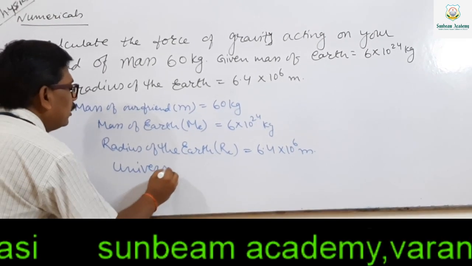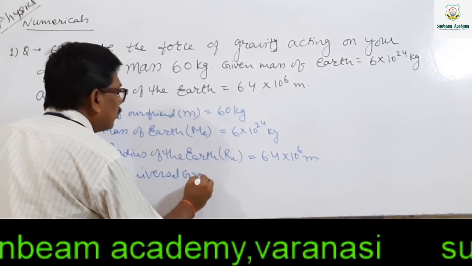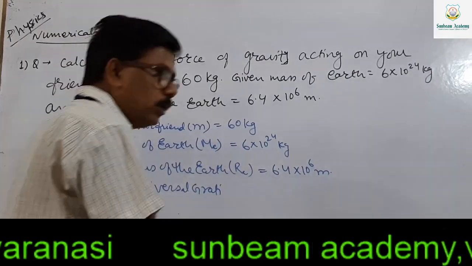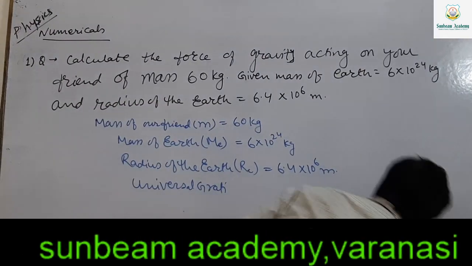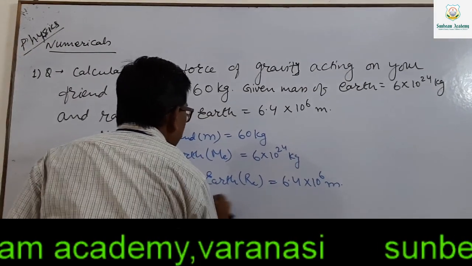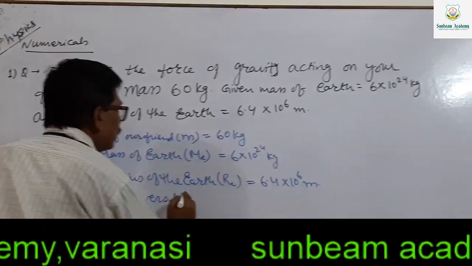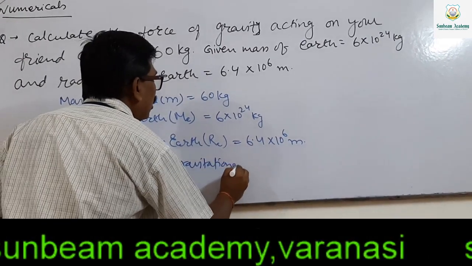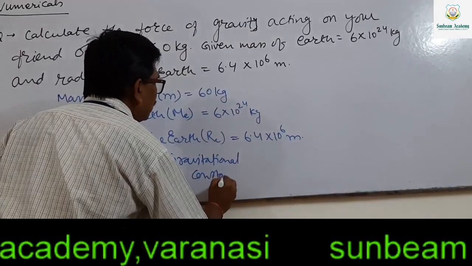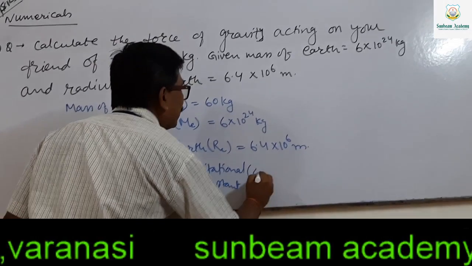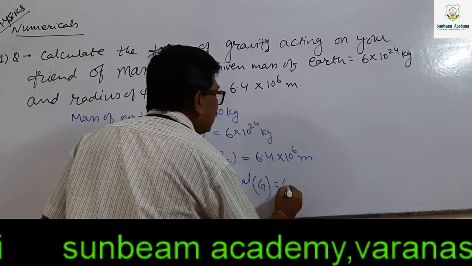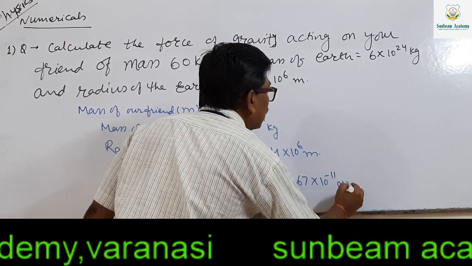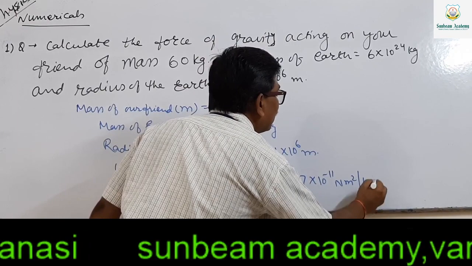And universal gravitational constant, that is capital G, is how much? 6.67 into 10 to the power minus 11 Newton meter square per kg square.